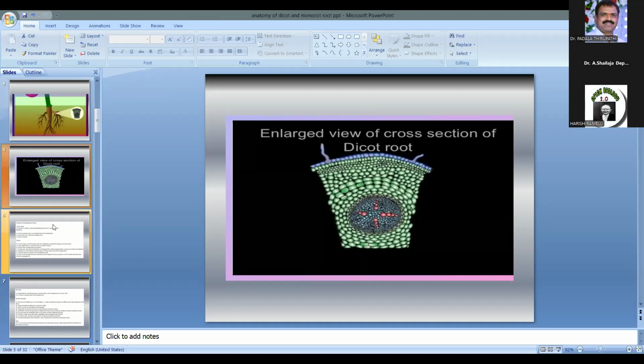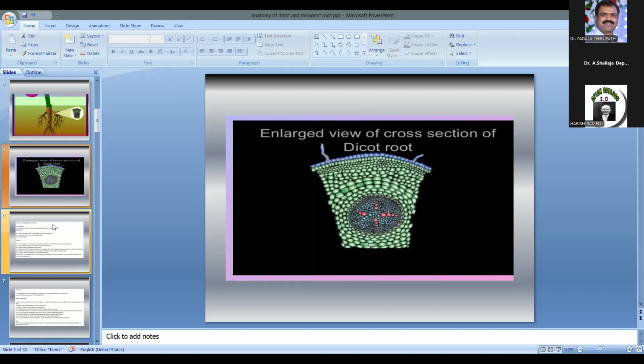Xylem and phloem form separate alternating bundles. The xylem is typically exarch. The number of xylem and phloem strands varies from 2 to 8 in dicot roots. According to their number, the roots are designated as diarch, triarch, tetrarch and polyarch. Two xylem bundles, we call diarch. Three xylem bundles, triarch. Four, tetrarch.